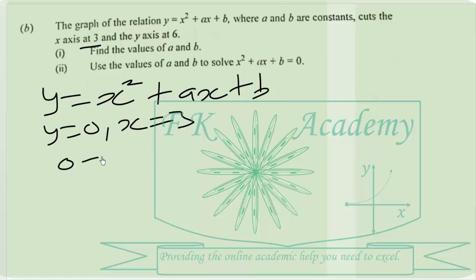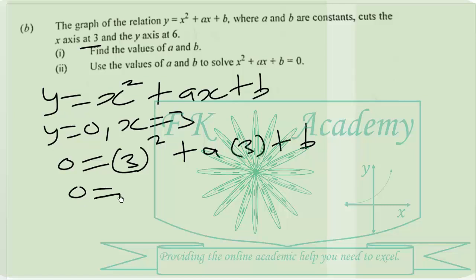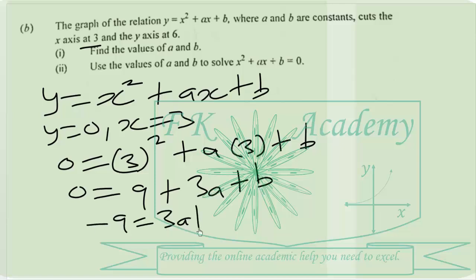So that will give us 0 equals 3 squared plus a times 3 plus b. So we get 0 equals 9 plus 3a plus b. In other words, we have negative 9 is equal to 3a plus b. We can call this equation 1.